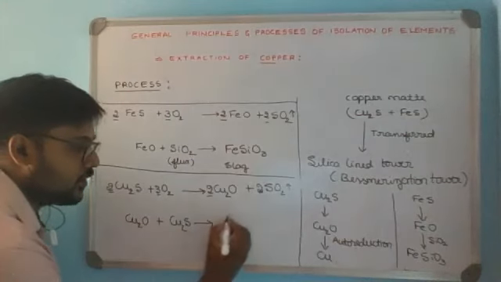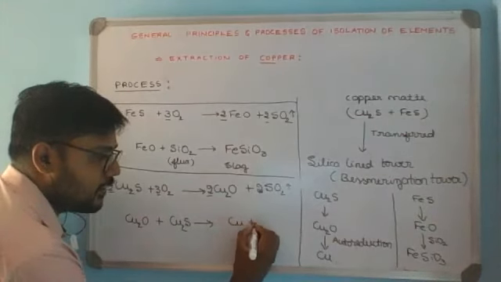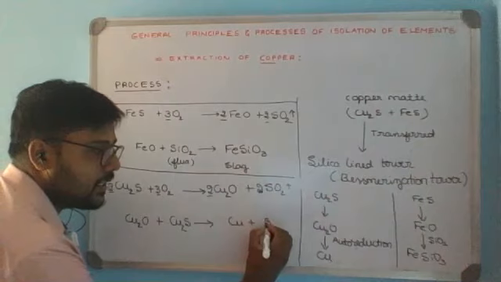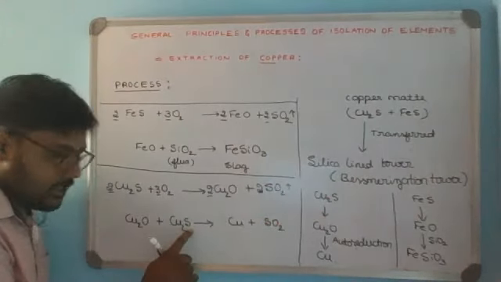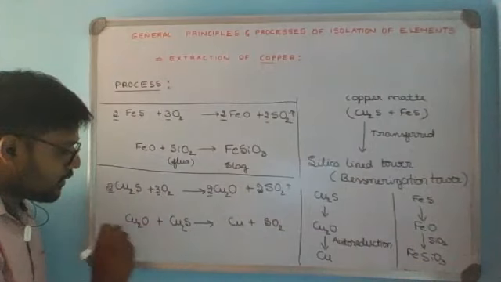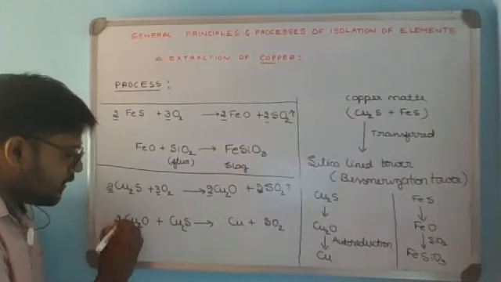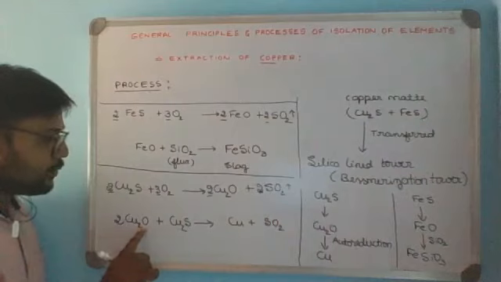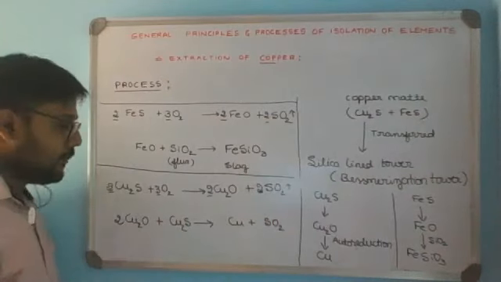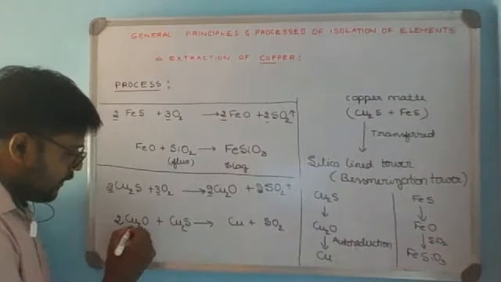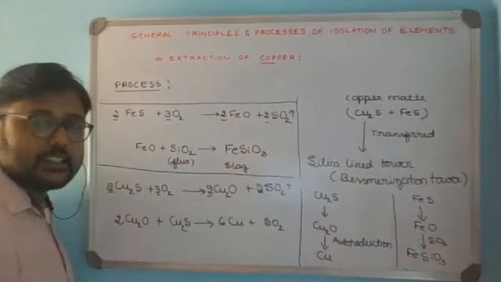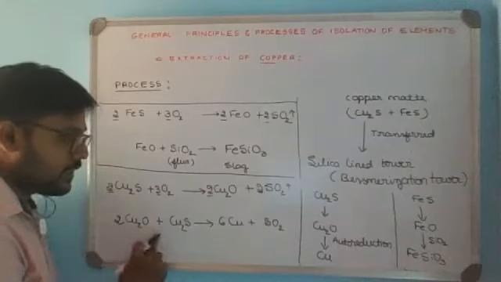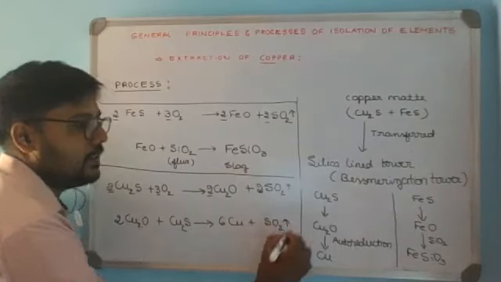In the process, copper gets reduced and the sulfur gets liberated as sulfur dioxide gas. To balance this, one sulfur requires two oxygen atoms for removal as sulfur dioxide, hence 2 Cu2O plus Cu2S gives rise to 6 Cu plus SO2: 6 moles of copper gets reduced and 1 mole of sulfur dioxide gas is liberated.